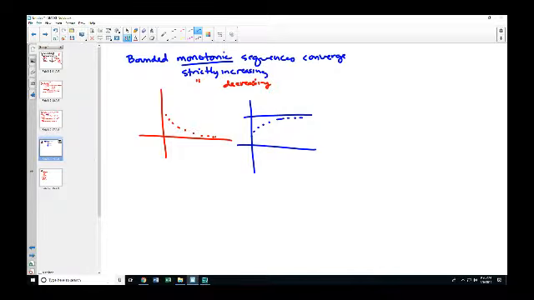How do you show that something is monotonic? You have to use the derivative: is f prime of x always greater than zero? So say we have a sequence like this.